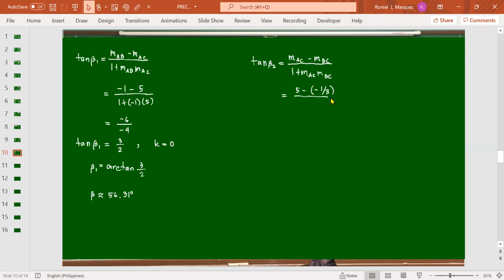All over 1 plus 5 times negative 1/3. So times 3 over 3 to get rid of the denominators in each part of the fraction. 15 plus 1 all over 3 minus 5. Am I correct, guys? Yes, sir. Is it negative 8?